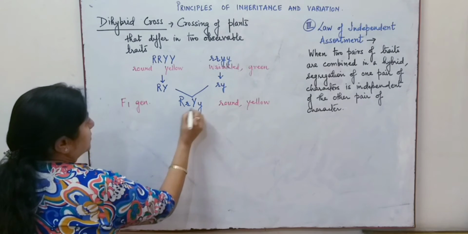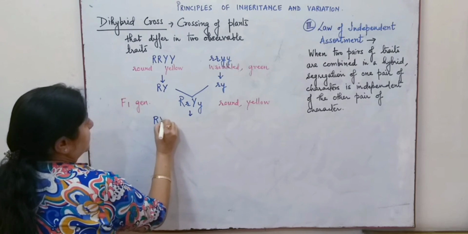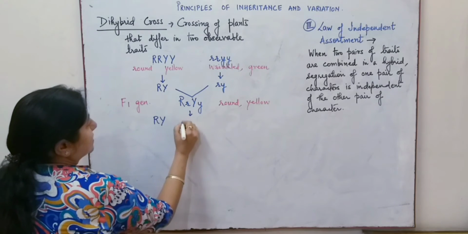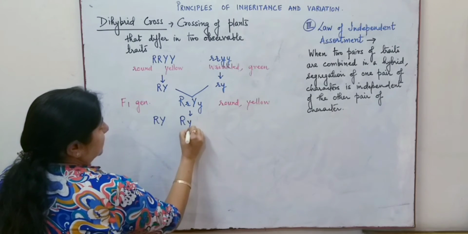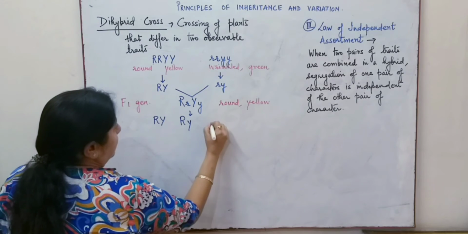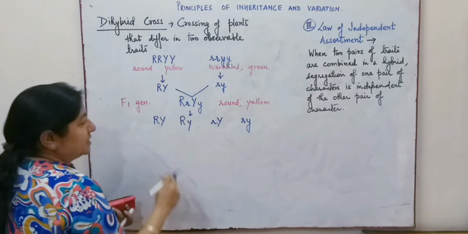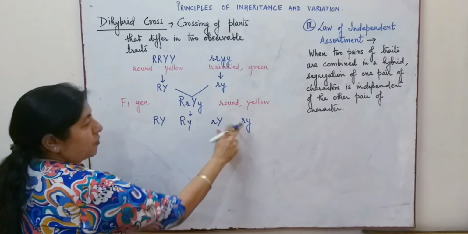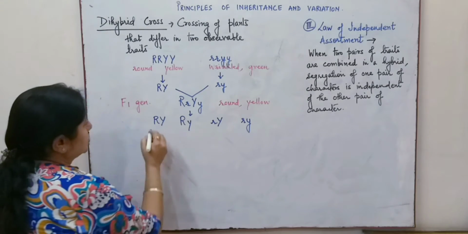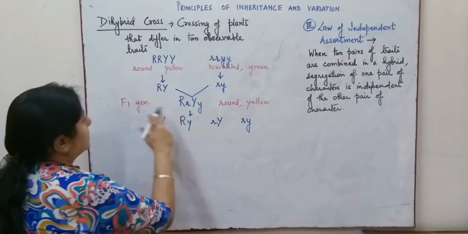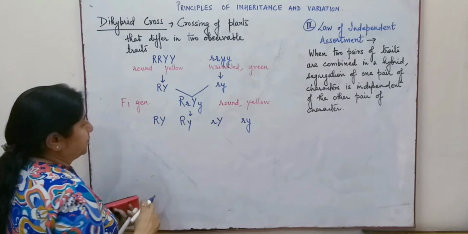RY, that is this, these are the 4 possible combinations of the gametes which will be produced by the F1 generation.